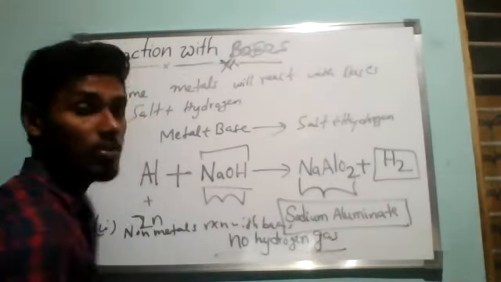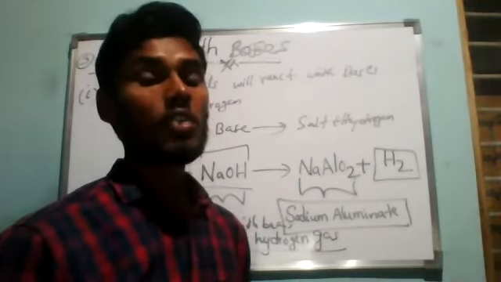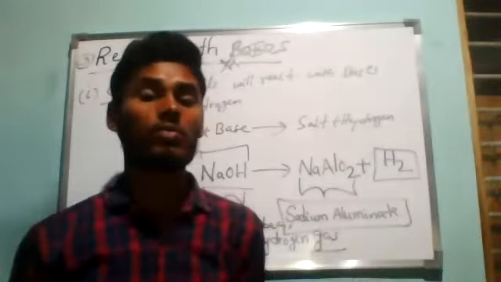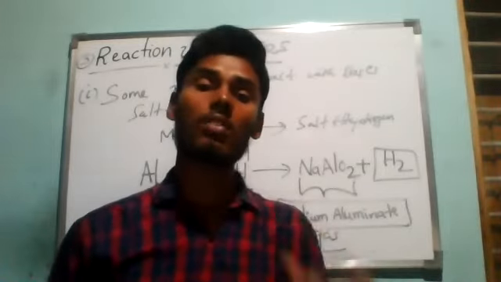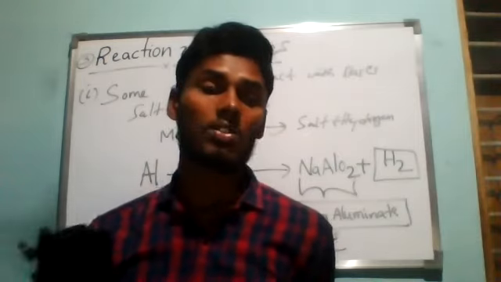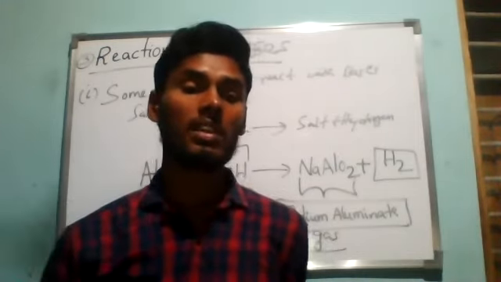The reactions of non-metals with bases are very complex, and we get more than two or three products. These reactions are not required for your class; we will study them in higher classes, so you don't need to worry. So this is about the reactions of metals and non-metals with bases.